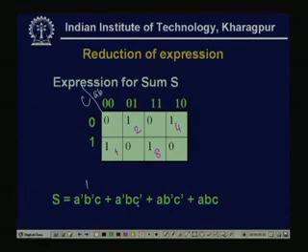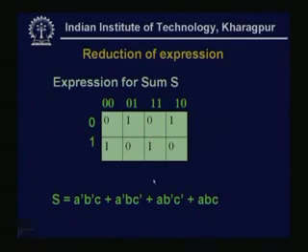Then A dash, B, C dash, for min term 2, then A, B dash, C dash, for min term 4, and A, B, C for the last min term. So, this is the expression for the sum. And here we see there are no couples possible, so there is no reduction from this.